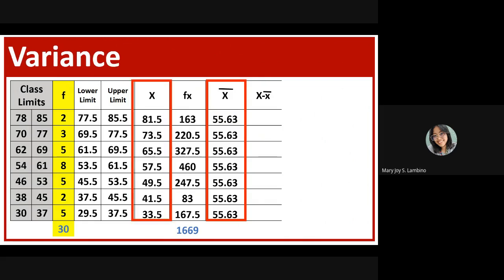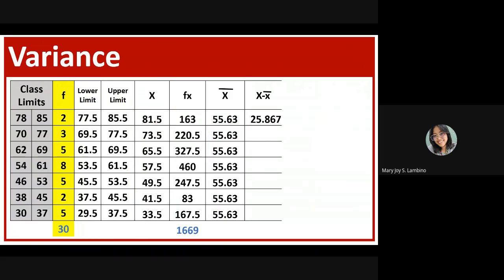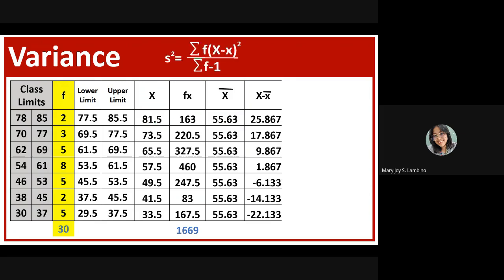So now, we use this to get the variance. For variance, we need first to subtract the mean from the midpoint. So 81.5 minus 55.63 is equal to 25.867.